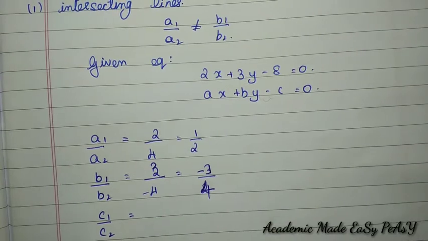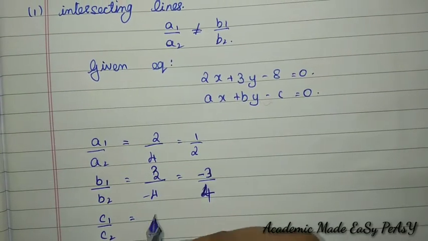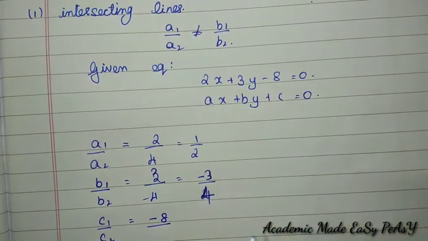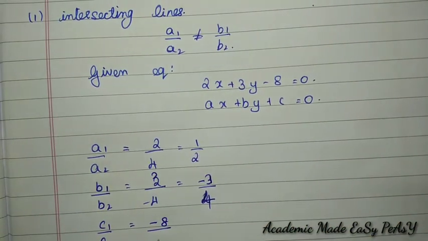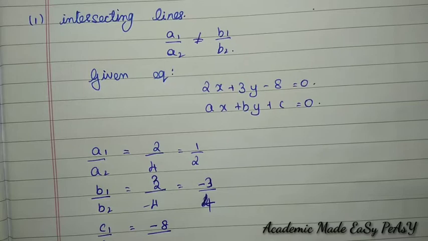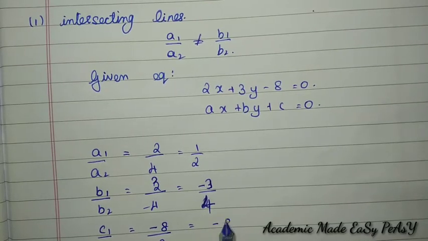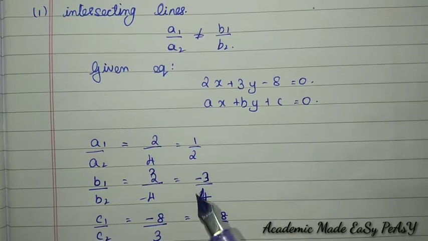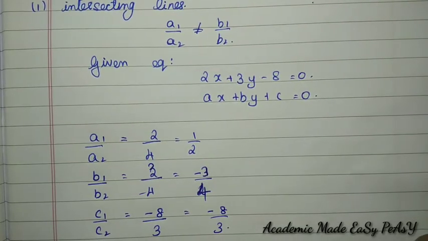Now let me do it for c1 by c2. So minus 8 by, this will be plus. Let me have something as 3, so it will be minus 8 by 3 only. Therefore a1 by a2 not equal to b1 by b2 not equal to c1 by c2.